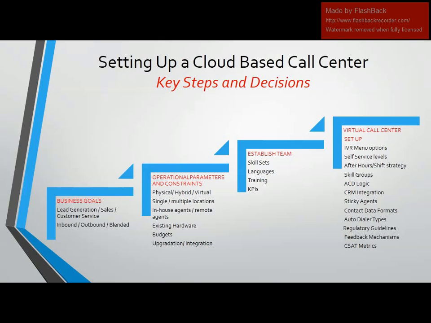You have to consider the operational parameters and constraints. It can be physical, hybrid, or virtual; single or multiple location; in-house agents or remote agents. Then either you have existing hardware or you have a budget for that, or either way you need upgradation or integration.